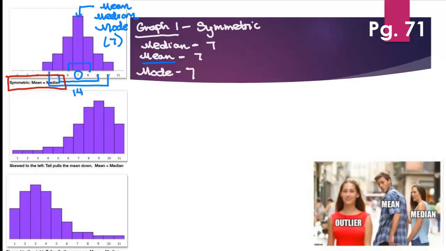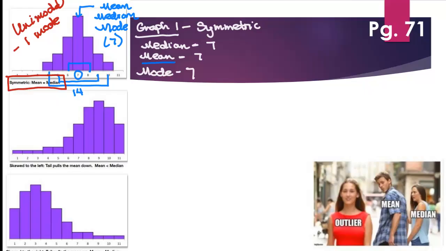And what's the fancy term for a histogram with 1 mode? Think of a fantasy animal that has 1 horn. Unicorn, so this is called unimodal. Unimodal means it has one mode.